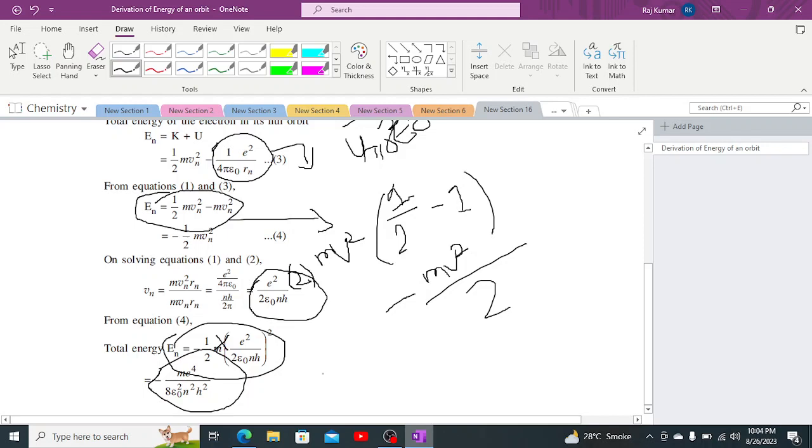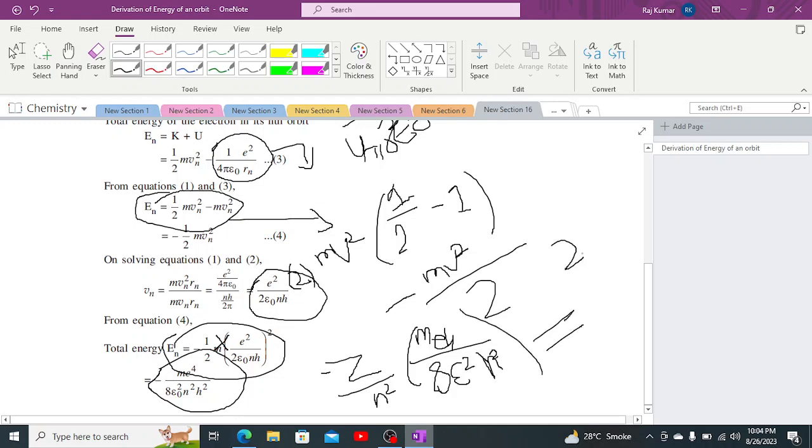We are going to separate the constants and variables, due to which minus z upon n² will be separated. Both of these are variables. And the rest of the condition, which includes me⁴ upon 8 epsilon naught whole square h², is the constant value.